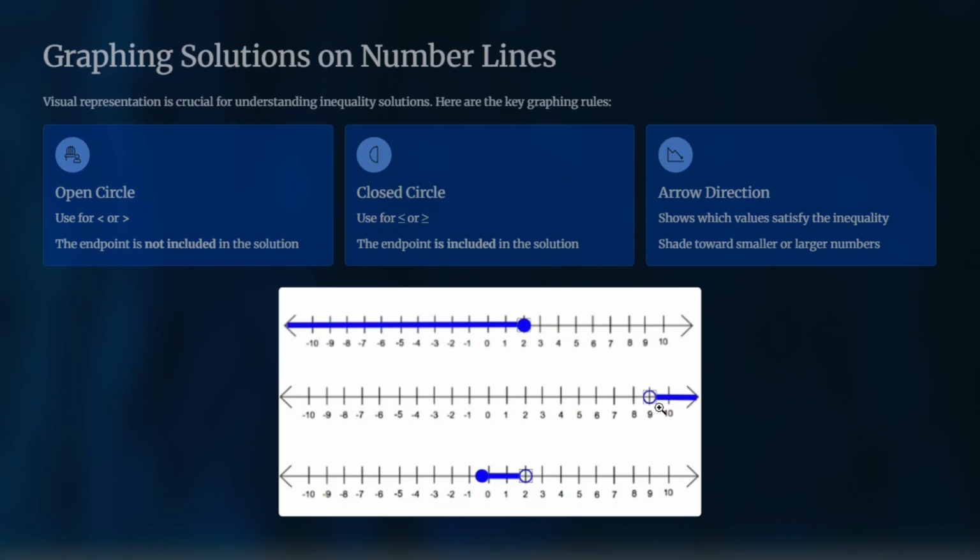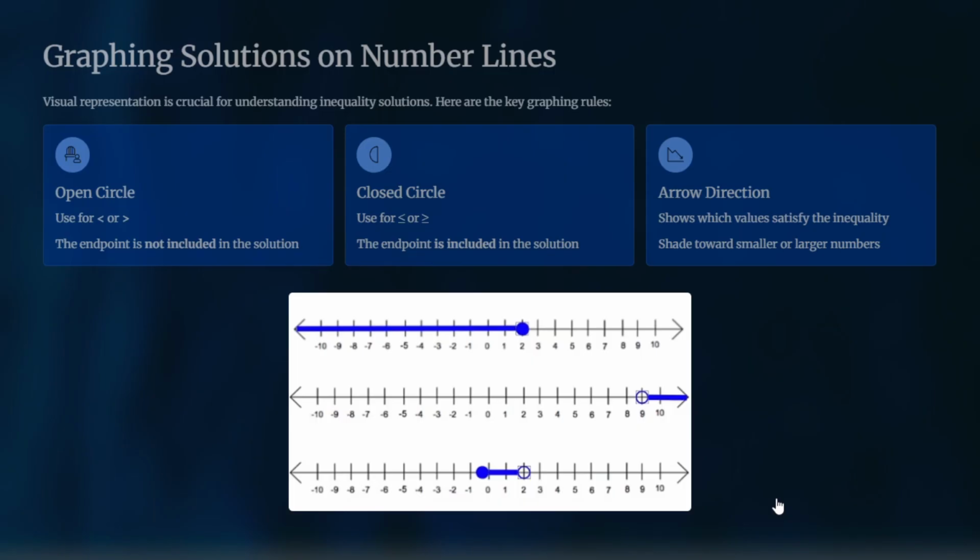That means that these numbers are included in the solution. So in this case, x is greater than 9. And here we have the case where our solution is between two numbers. We have a closed circle which shows that this is included in the solution, and the open circle, once again, this endpoint is not included in the solution.